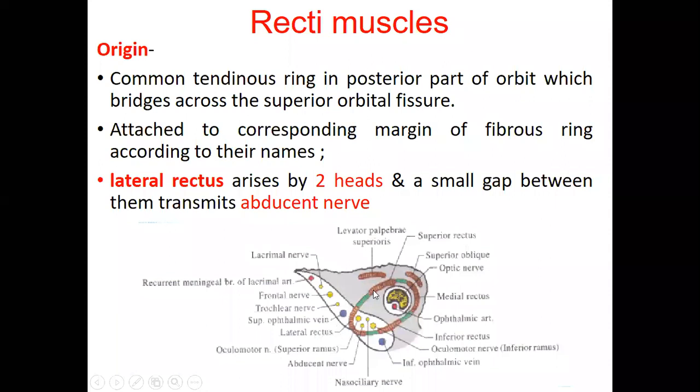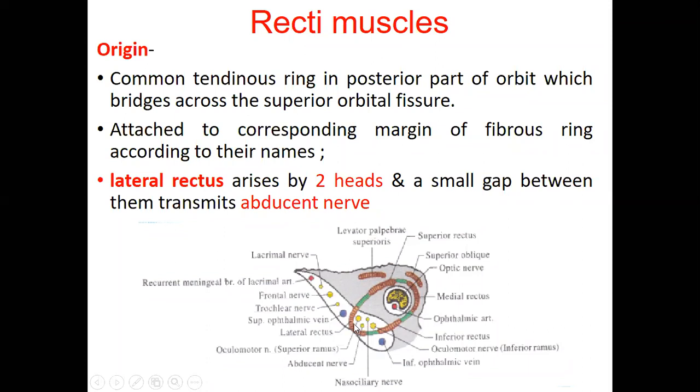Now these recti are attached to the corresponding margins of the fibrous ring according to their name. So superior rectus will be above, inferior rectus will be below. This one is lateral rectus placed laterally, medial rectus medially. Now if you compare the origin of all four recti, lateral rectus has two heads of origin.